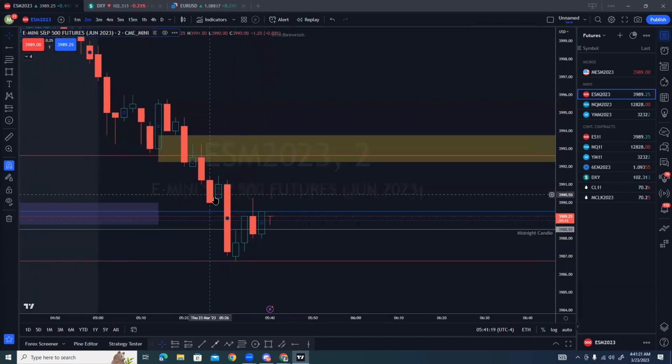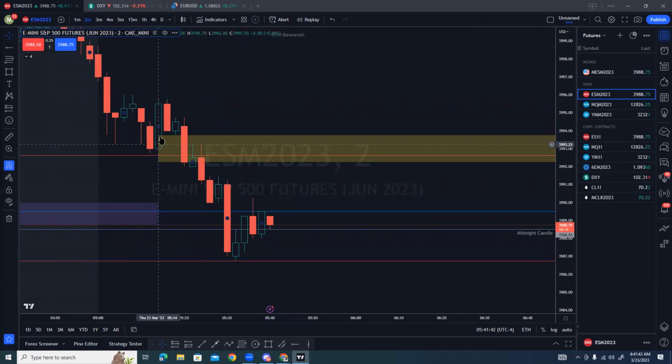So this right here is considered an order block, but it's bearish because we've come up, basically created equal highs, or you can say it's a new high, and then we rolled over and made new lows. So that's going to be an order block.